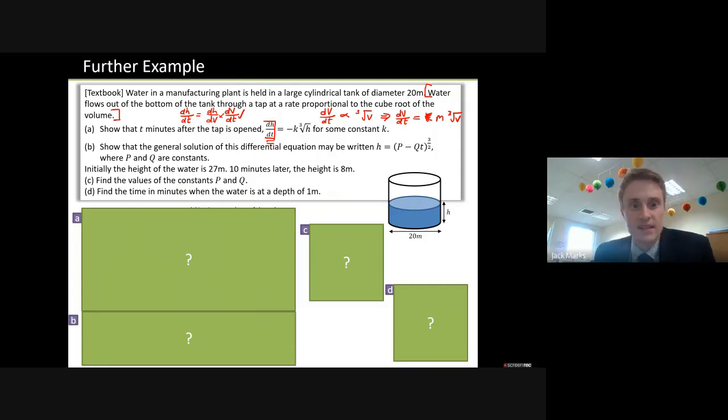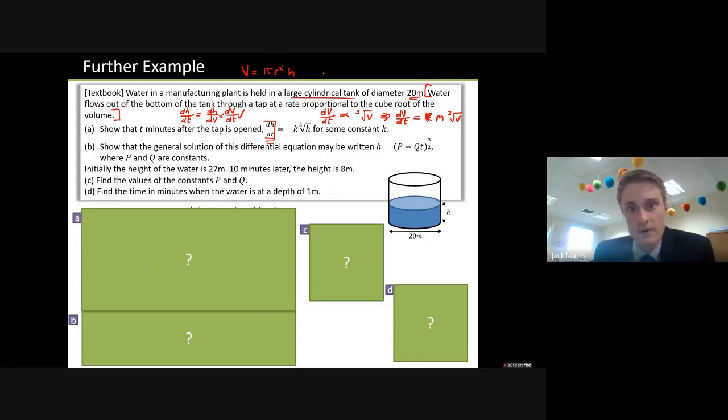Well, is there anything that links height and volume together? Yes, there is. It's a cylinder. So a large cylindrical tank. So what we can do is we could say, well, the volume equals pi r squared times height. And in fact, r is 10, isn't it, in this case?